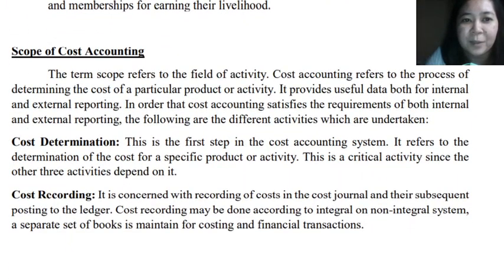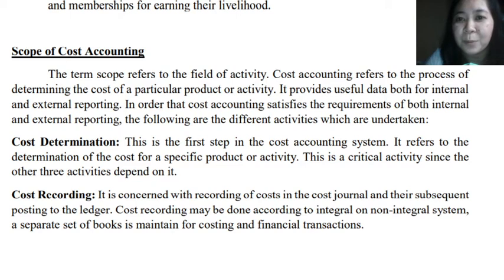Okay, so what is the scope now of cost accounting? When we say scope, of course, first we will define what the term scope is, but I know that you are already familiar with it. When we say scope, this is the field of activity.